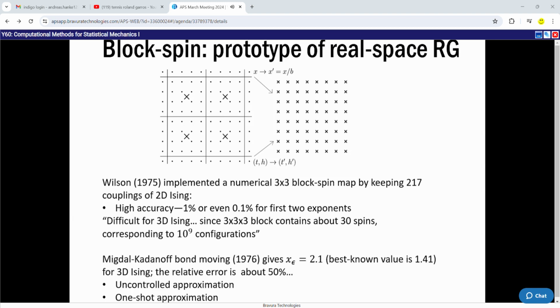And the next year, Migdal and Kadanoff proposed the bond moving trick, which is easy to implement, but the numerical error is very large. It's almost about 50% due to the fact that in this approximation, the error is uncontrolled, and you don't have any systematic way of including more and more couplings.